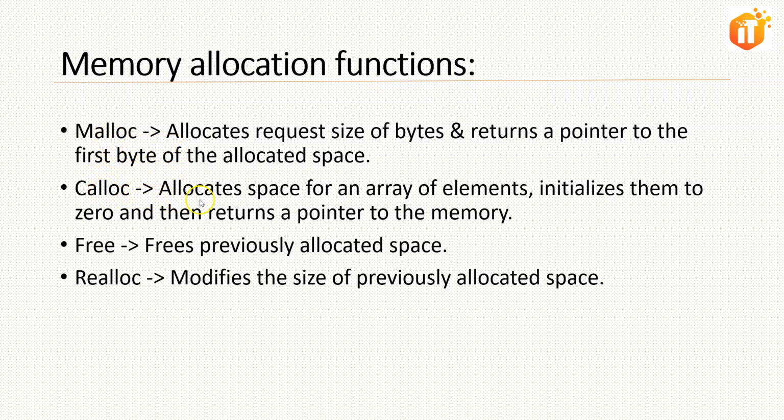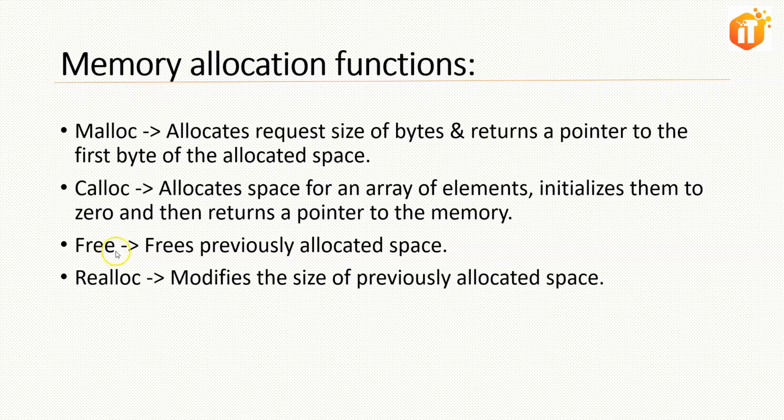Coming to calloc, it allocates space for an array of elements, initializes them to 0 first of all, and then returns a pointer to the memory. So if you are using calloc, it allocates the space for the array and initializes all the memory space with 0.